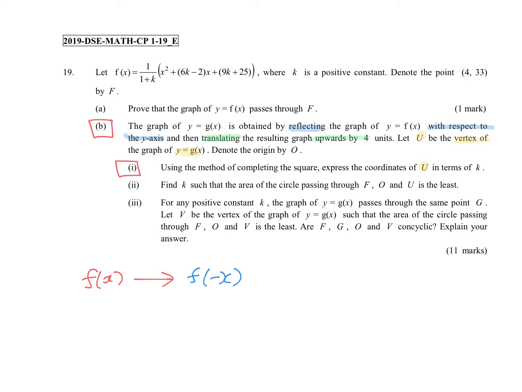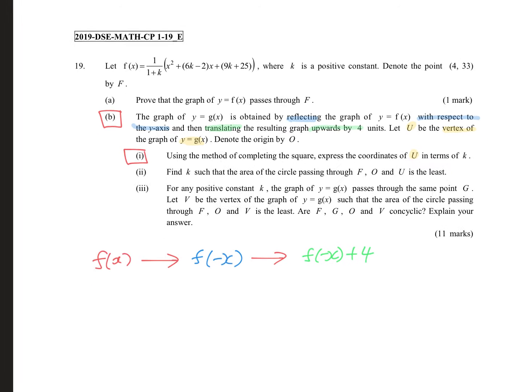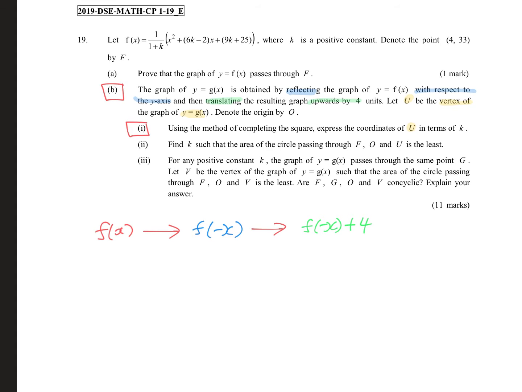And then after that, translate upward by 4 units. So that will be f(-x) plus 4. So for B1, first of all, g(x) equals f(-x) plus 4.